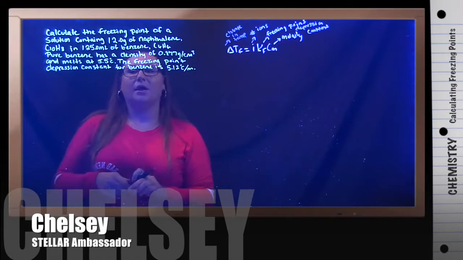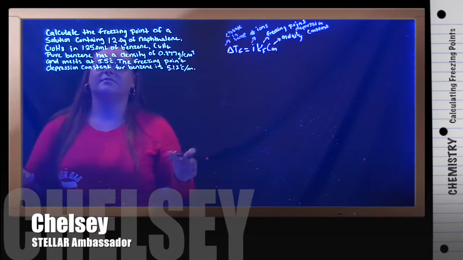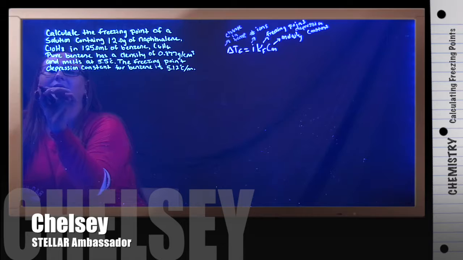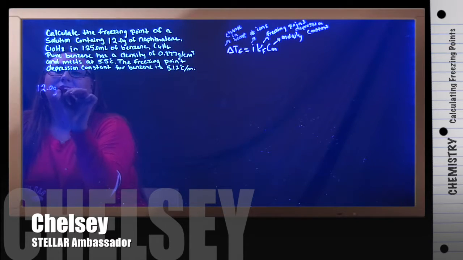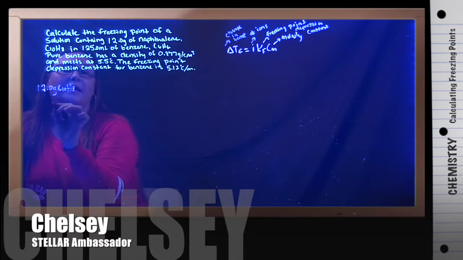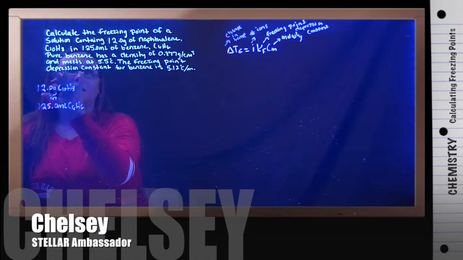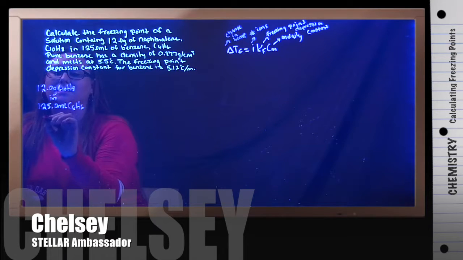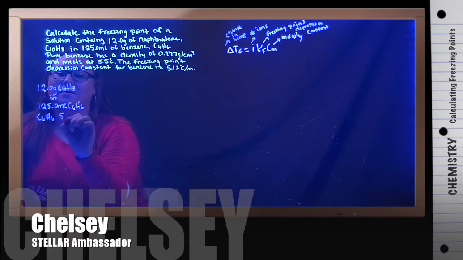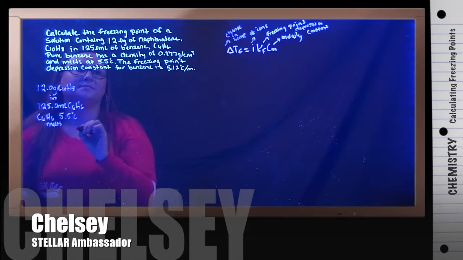Now, next step, we need to write down all the information that is given to us. So we have 12 grams of naphthalene, and that is in 125 milliliters of benzene. What else is given? We are told that benzene melts at 5.5 degrees Celsius.